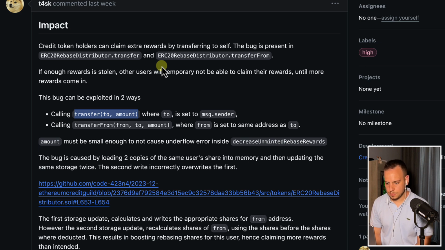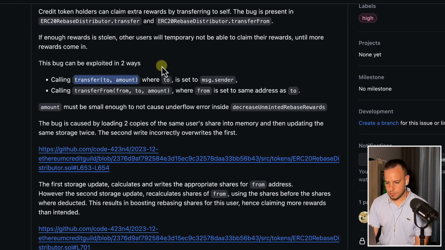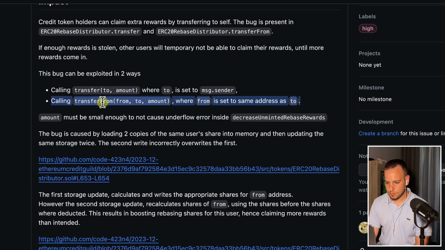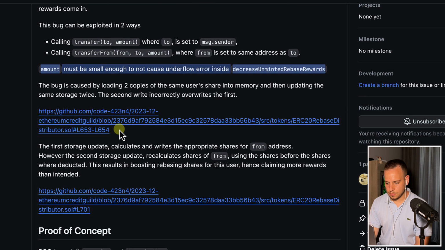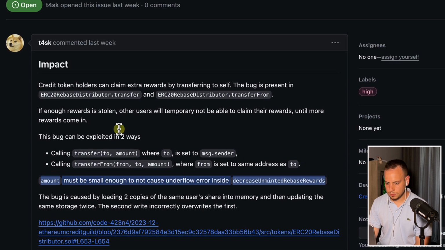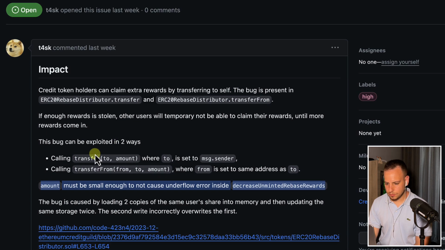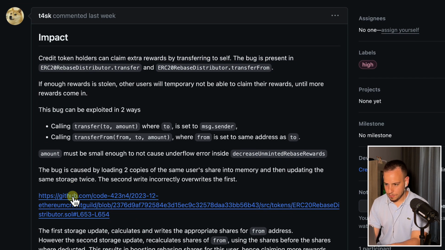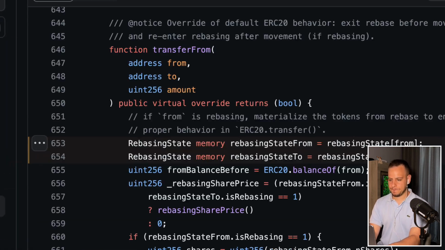But because you copied 2 of the same thing, the first write updates it correctly, and the second write overwrites the first one and makes it incorrect. As a result, you get more shares than what you had before, so you're able to claim more tokens. I think if you click on the code, they'll be able to see which part has the problems.